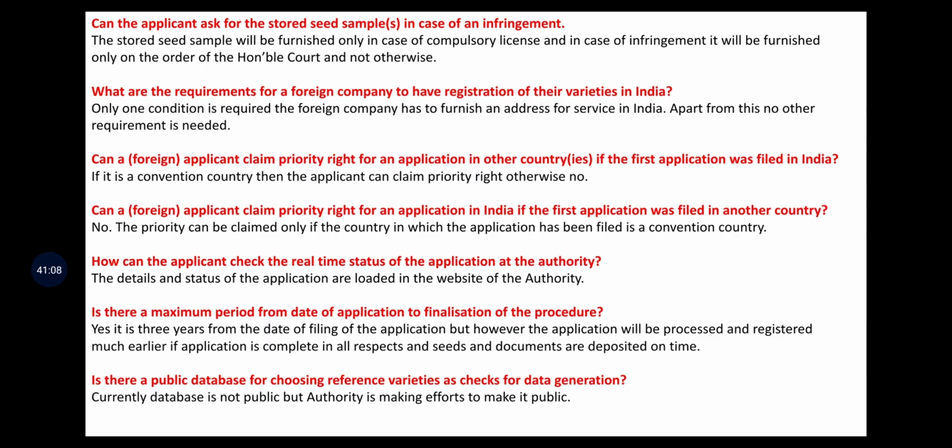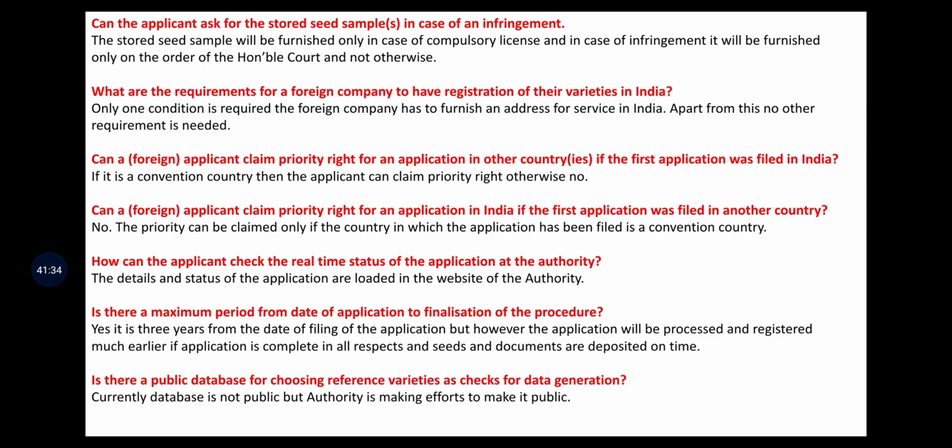That means it depends on the availability of seed material in the gene bank. Can the applicant ask for stored seed samples in case of infringement? The stored seed sample will be furnished only in case of compulsory license, and in case of infringement, it will be furnished only on the order of the honorable court and not otherwise.